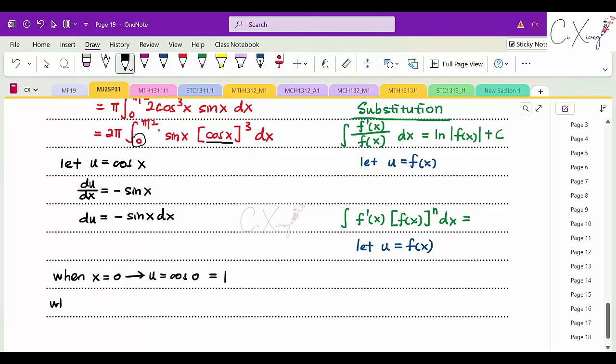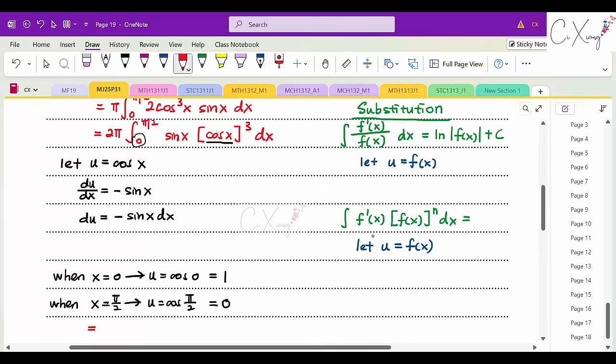Then when you let x equal pi over 2, what will happen to the value of u? u equals cos pi over 2, and it is basically equal to 0. After I settle all this, I substitute what I got here into my equation.